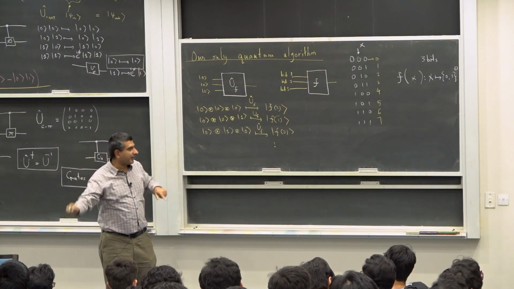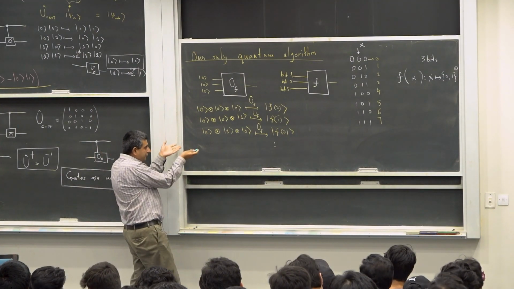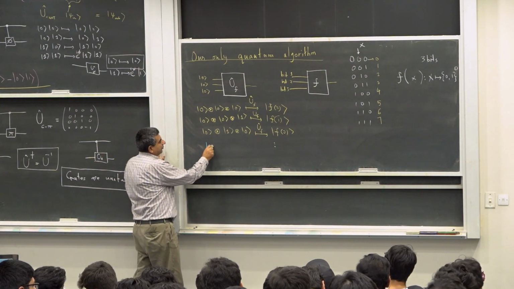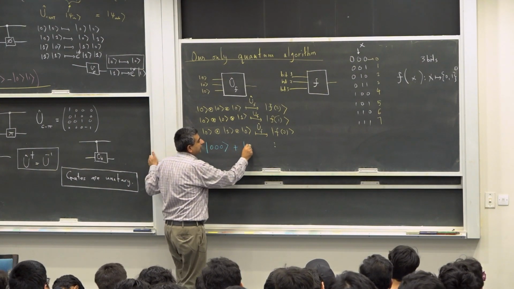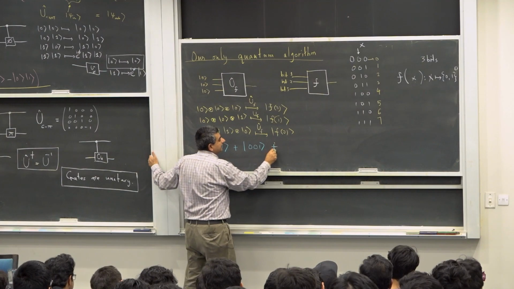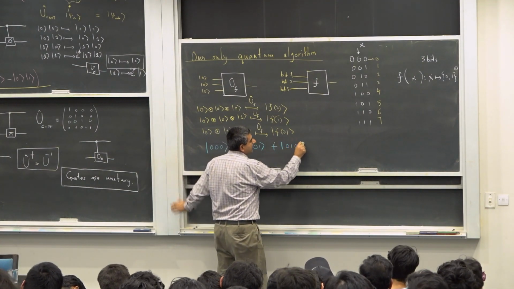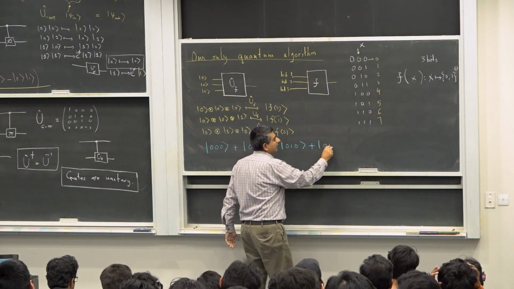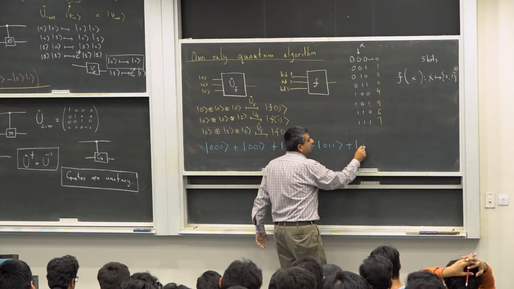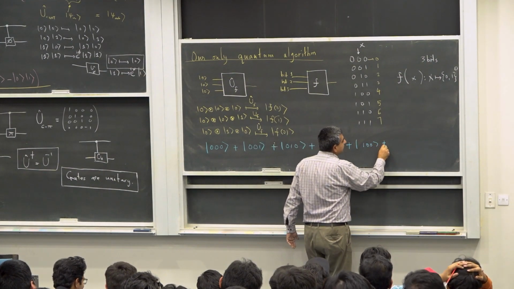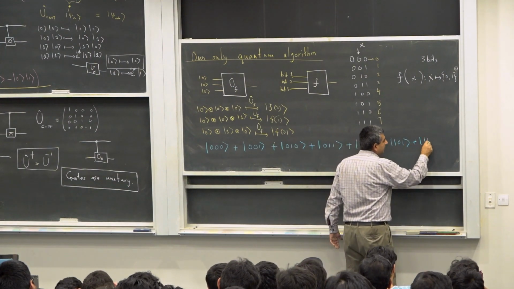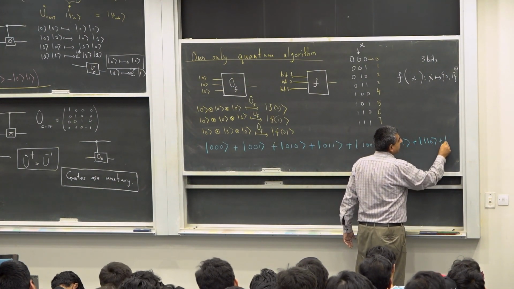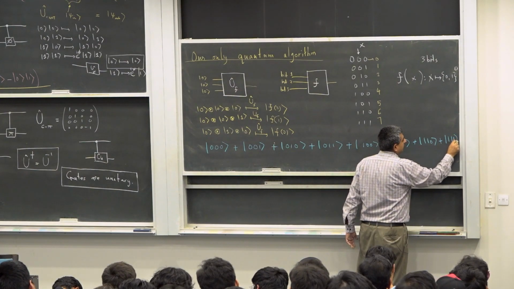And how do I do that? What do I need to input? I input ket 0,0,0 plus 0,0,1 plus 0,1,0 plus 0,1,1 plus ket 1,0,0 plus ket 1,0,1 plus ket 1,1,0 plus ket 1,1,1.